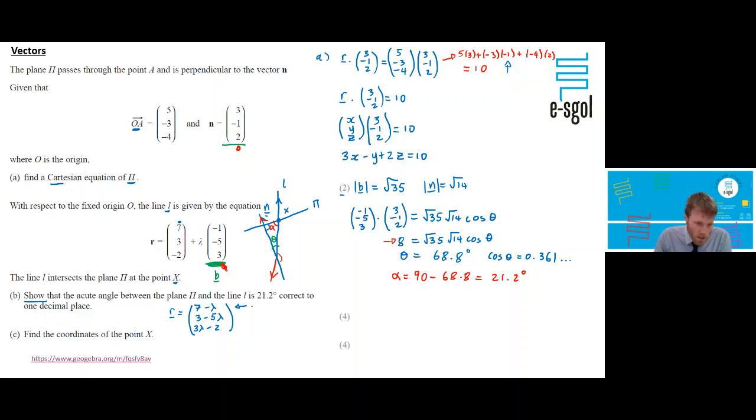So that is the x coordinate. That bit there is the y coordinate. That bit there is the z coordinate.